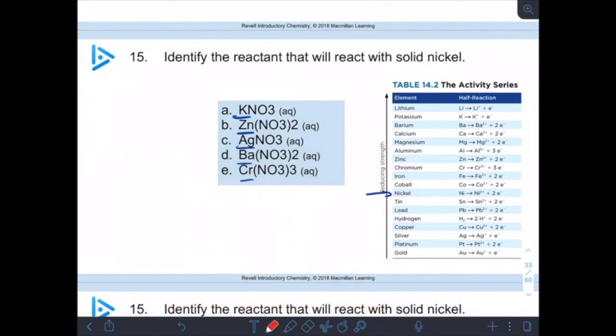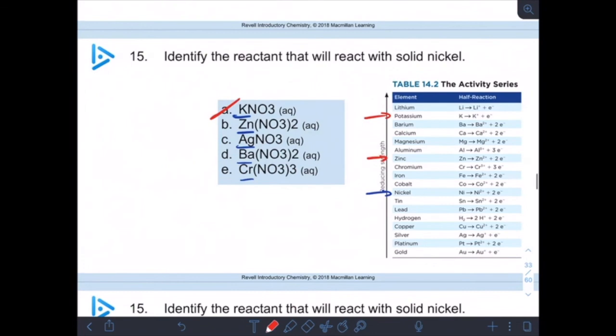So potassium, let's find potassium right at the top. Okay, potassium ion is above the metal. In order for reaction to happen, the metal has to be higher. So potassium will not work. Zinc, higher up, will not work.